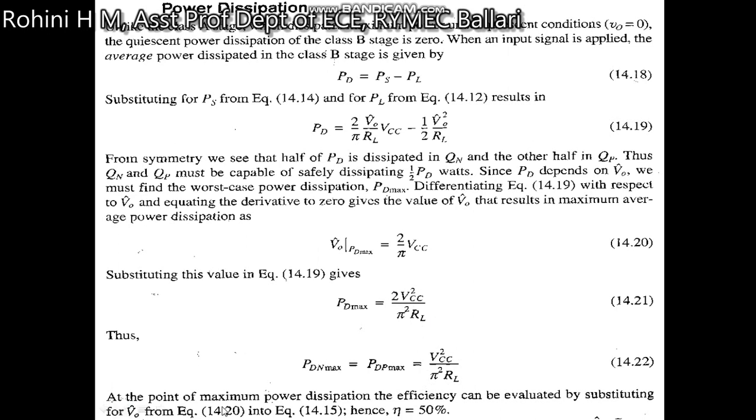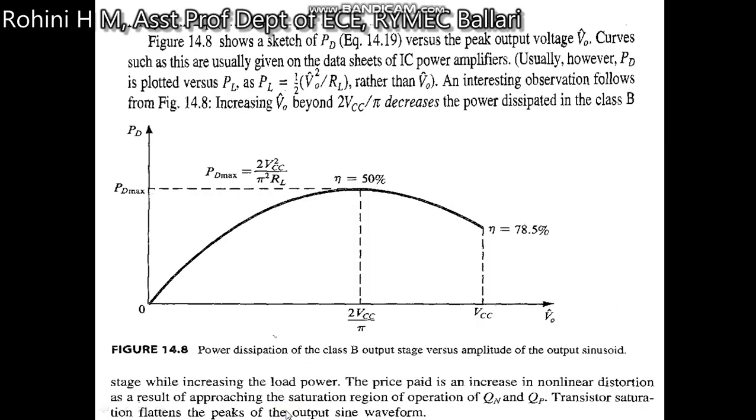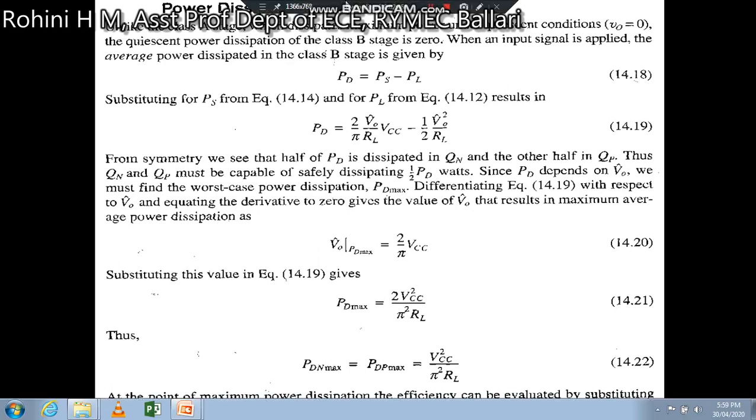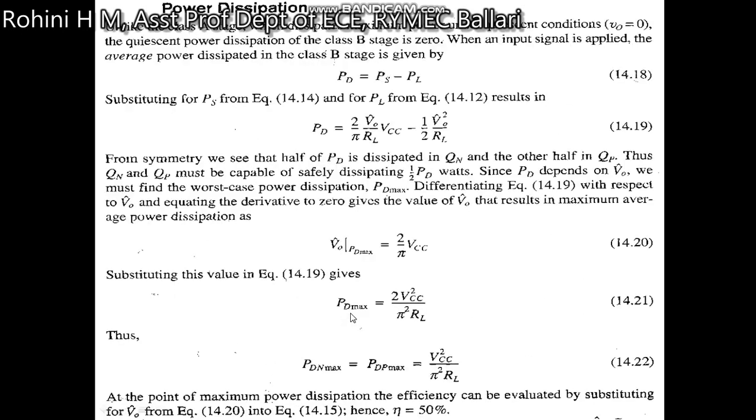At the point of maximum power dissipation, the efficiency can be evaluated by substituting into the expression 4.15 from expression 4.20.